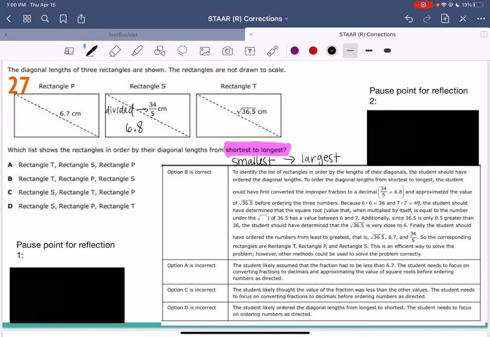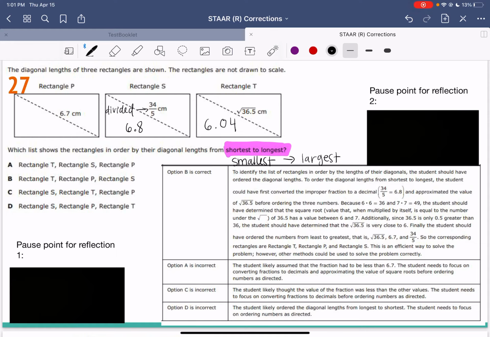And then the square root of 36.5 is 6.04. All right. So once they're all in decimal form, they are a lot easier to work with.